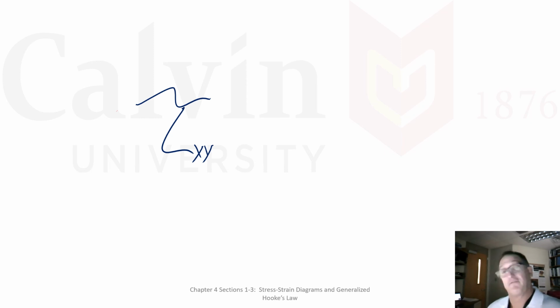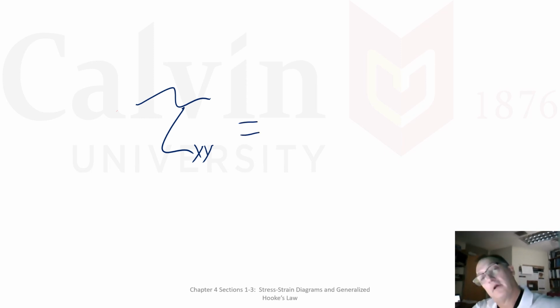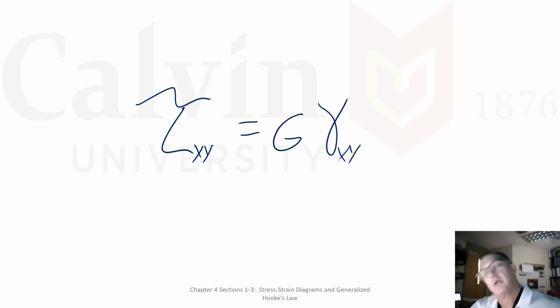It gets defined as G. The shear stress in the xy direction, tau xy, is equal to G, the shear modulus, which is just another material property, times the shear strain, gamma xy.